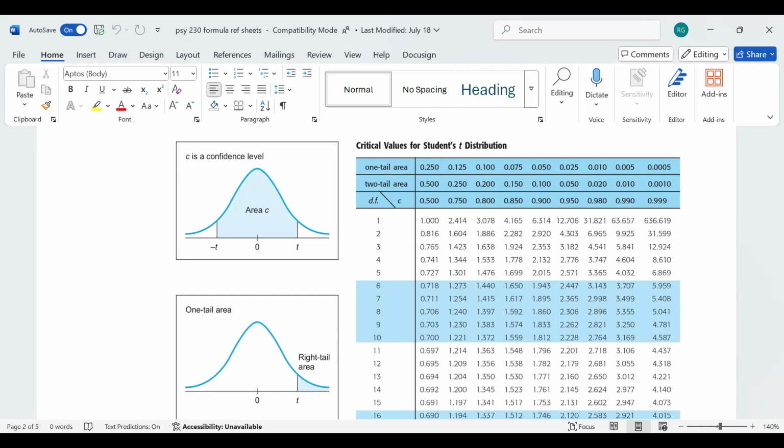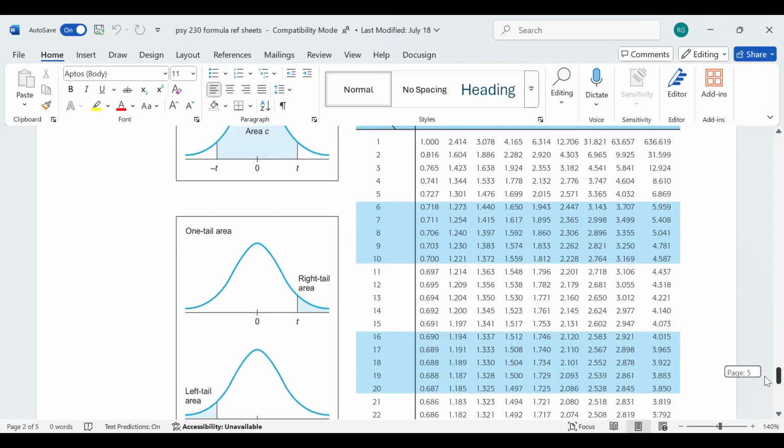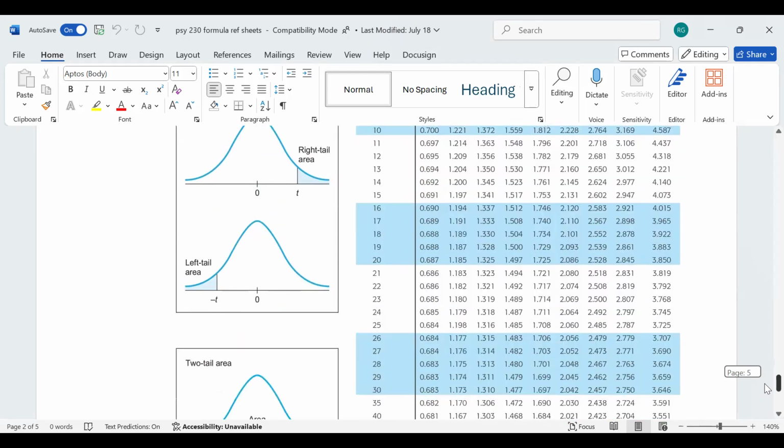Yep, 0.05. So 0.05 is right here for one-tailed. And then I go down to 29. And then, yep, that's going to be right here, 1.699. But because this is left-tailed, it's going to be negative. And we did this in class, so negative 1.699.